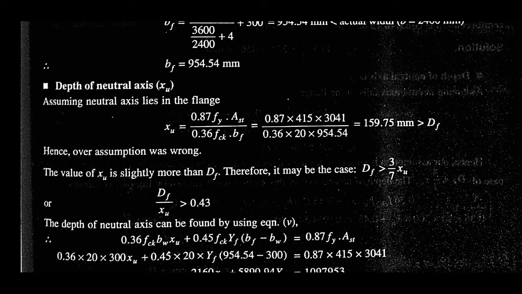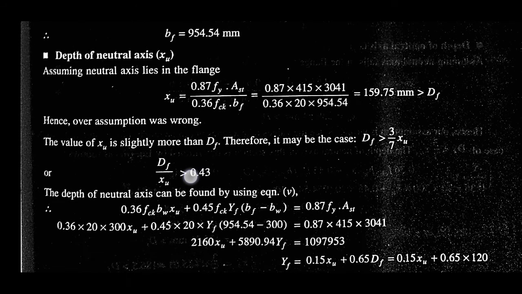Therefore, 0.36 into 20, that is FCK, into 300, that is BW, into XU, plus 0.45 into 20, that is FCK, into YF within bracket 954.54 minus 300, is equal to 0.87 into 415 into 3041.